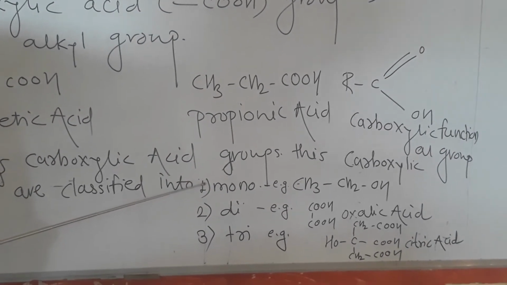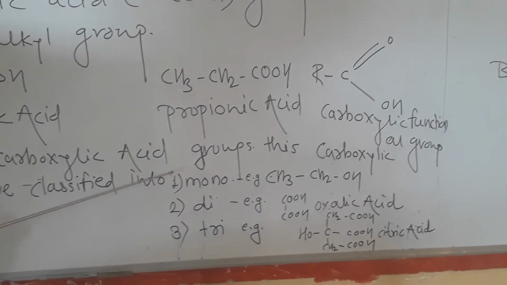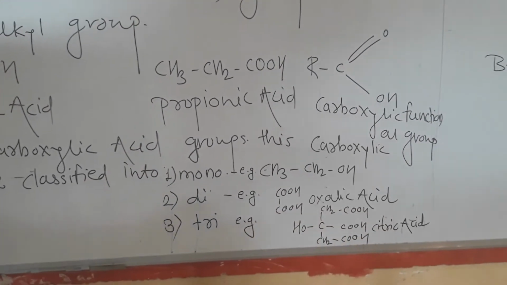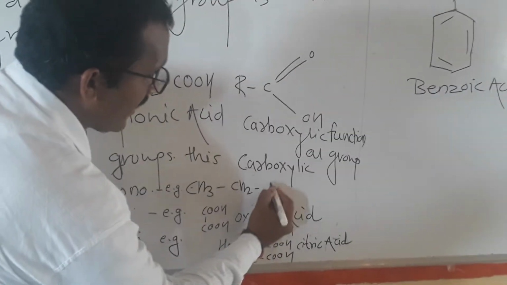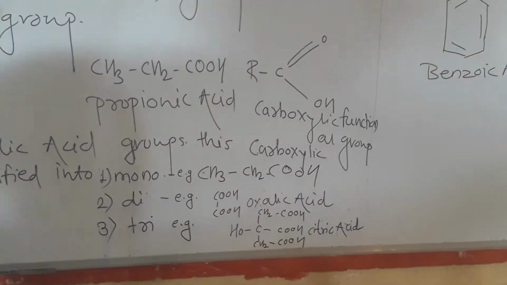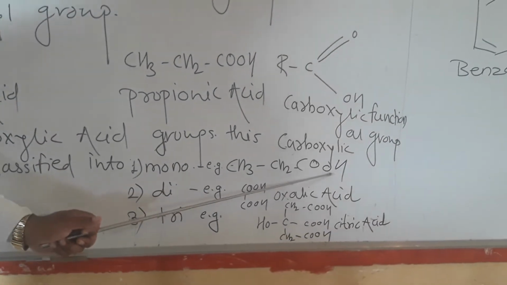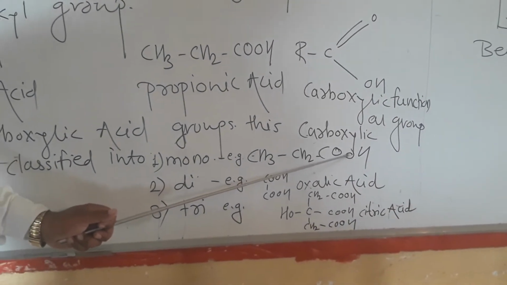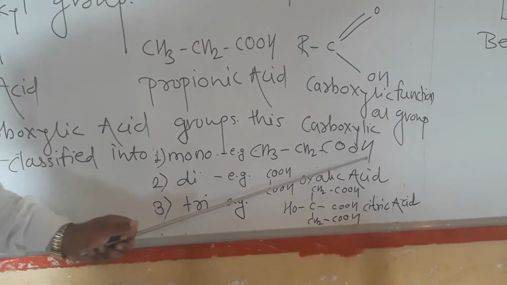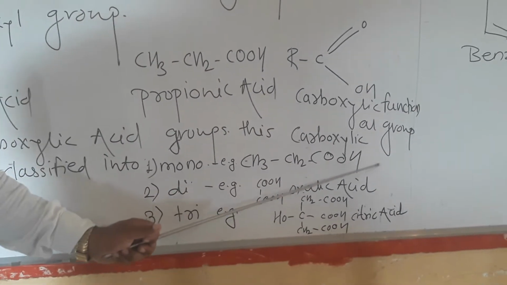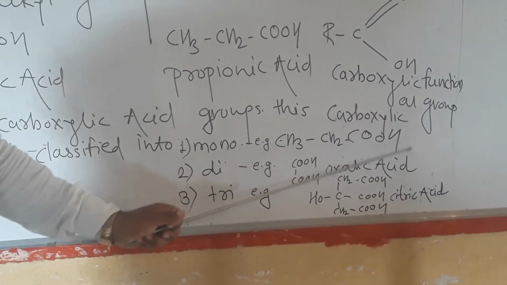Mono means only one carboxylic group. The example of a monocarboxylic acid is propionic acid. There is only one COOH group present in propionic acid.